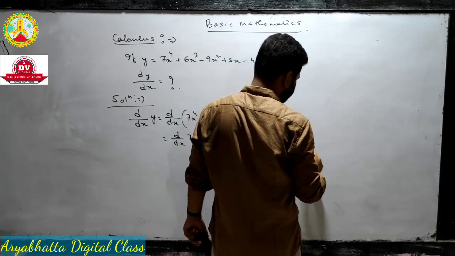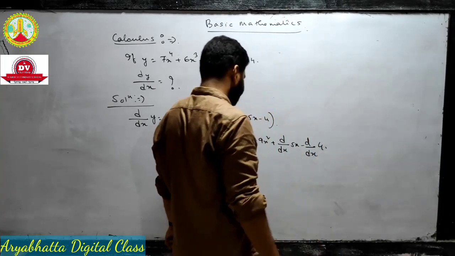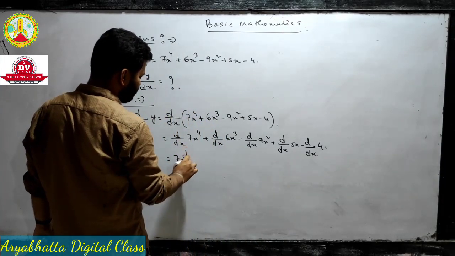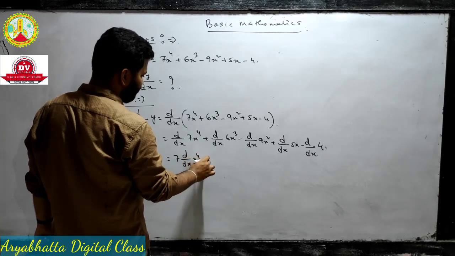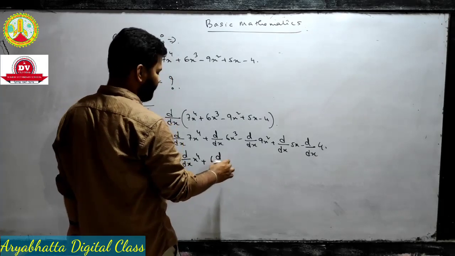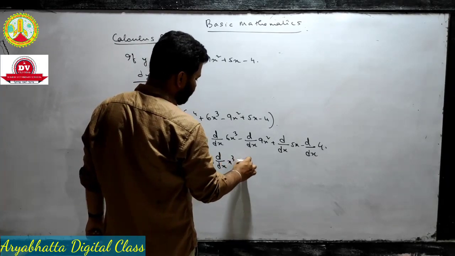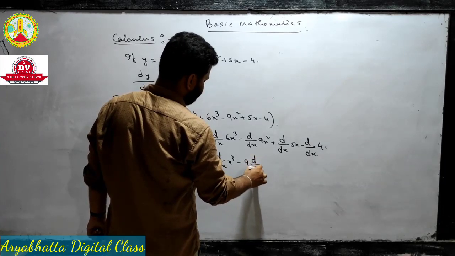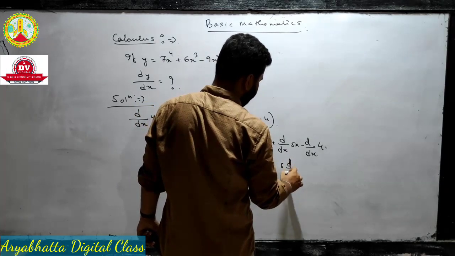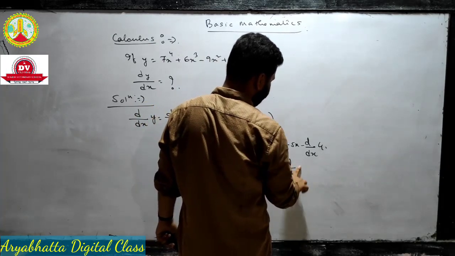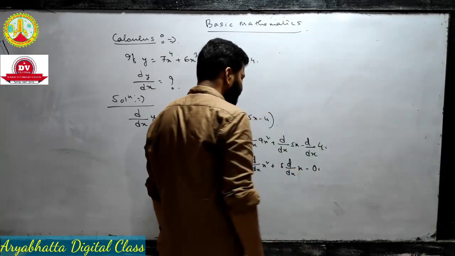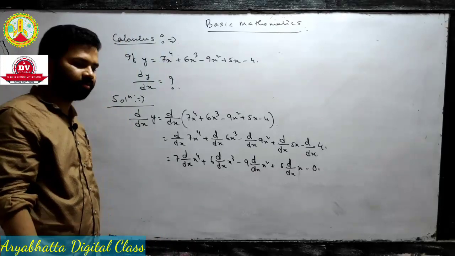Here 7 is constant, so bring it to the front: d/dx of x to the power 4. 6 is constant, bring it to the front, because a constant does no work. Minus 9 d/dx of x square plus 5 d/dx of x minus, this is a constant, so it will be 0. d/dx of any constant is 0.